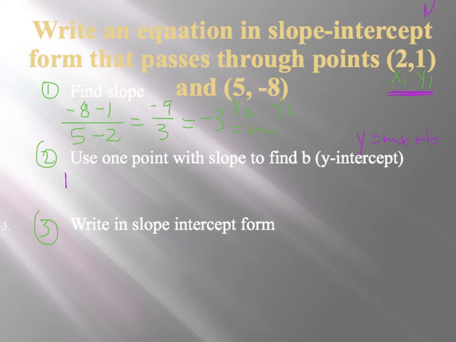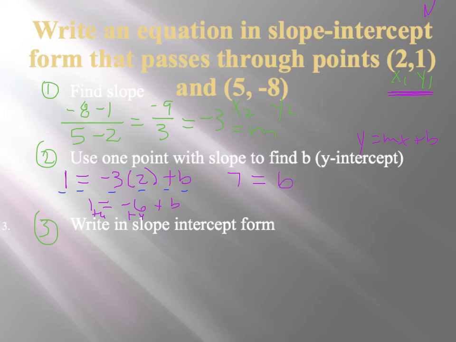I'm going to write 1 is equal to, my m here is negative 3, and my x coordinate is 2, and then plus b. So I'm still in the format of y equals mx plus b. So now I'm going to solve my equation. So I have 1 is equal to negative 6 plus b, and I have to add 6 to both sides of the equation, so 7 is equal to my b.